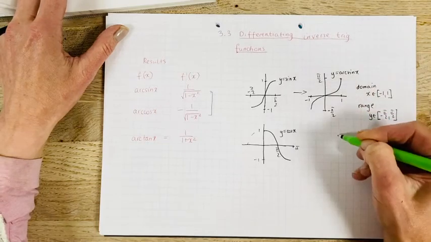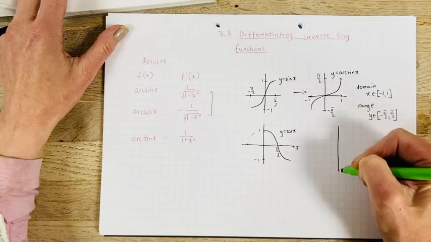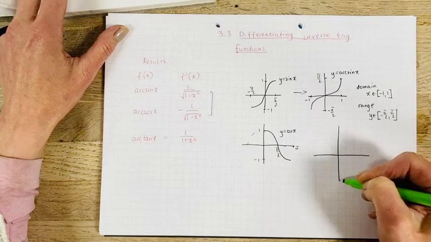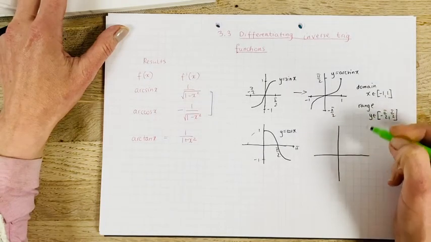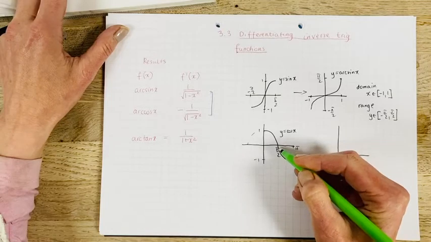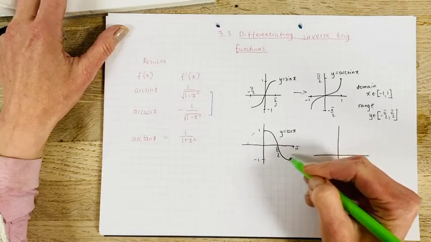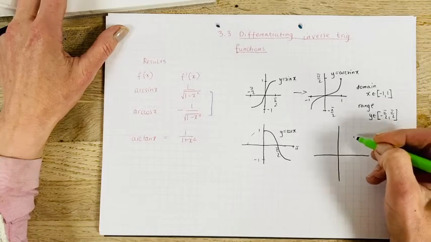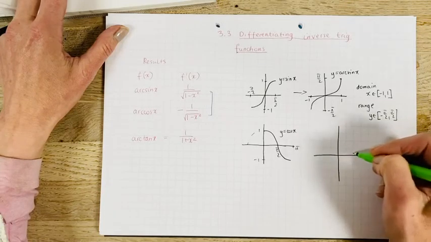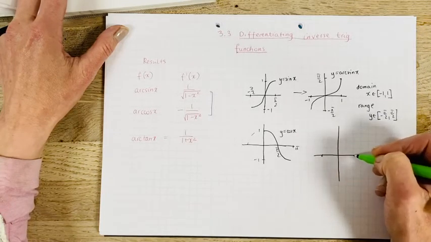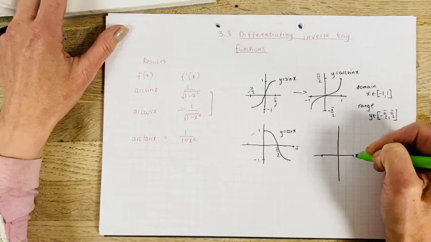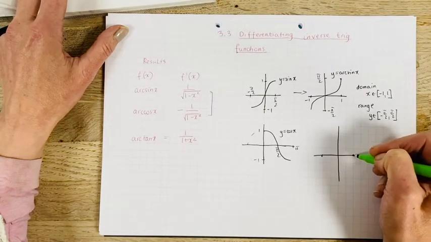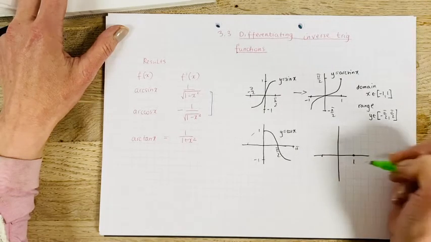So the cos inverse, or arc cos, is going to be the reflection of this graph in the line y equals x. So the pi over 2 and pi will go on the y-axis, and minus 1 and 1 will go on the x-axis. The graph used to start at 1 on the y-axis, now it's going to start at 1 on the x-axis.